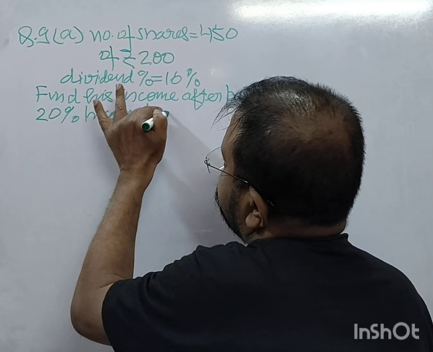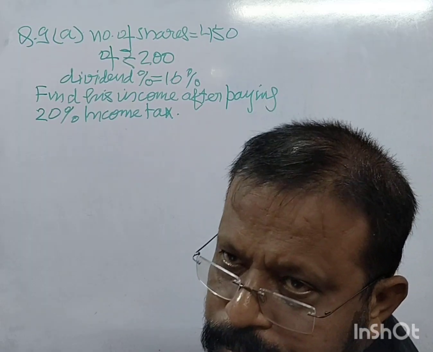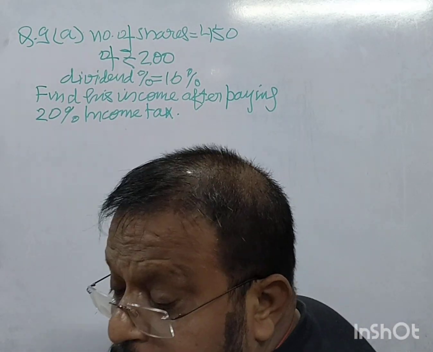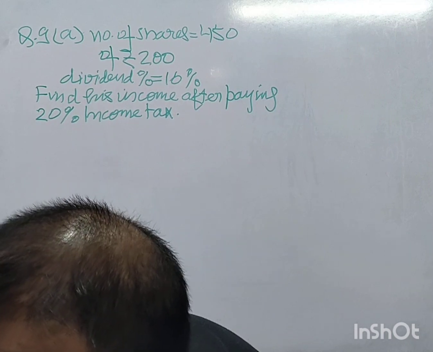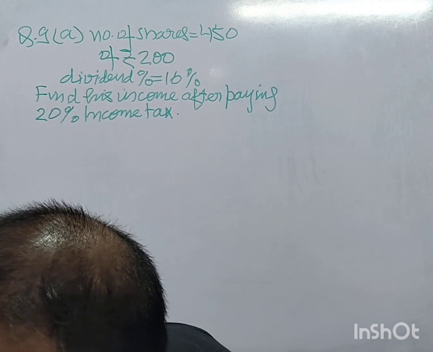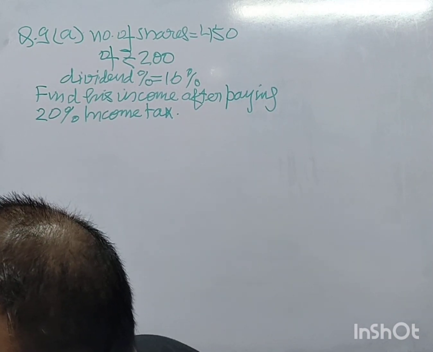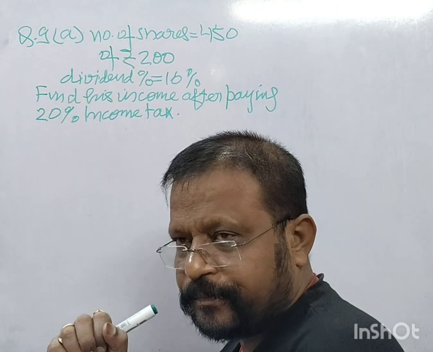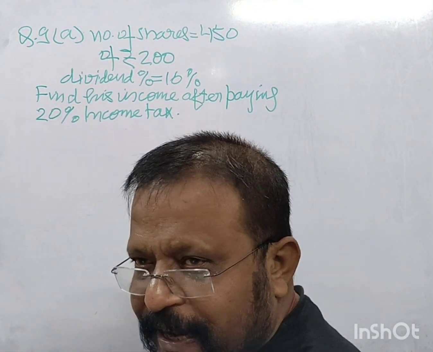This is the question we have. But the point is that Raman has 450 shares of rupees 200 of a company paying dividend 16%. So this 200 is what? MV or NV?